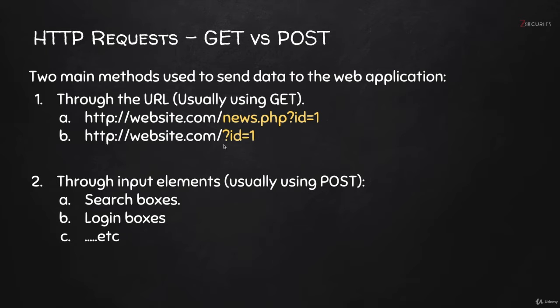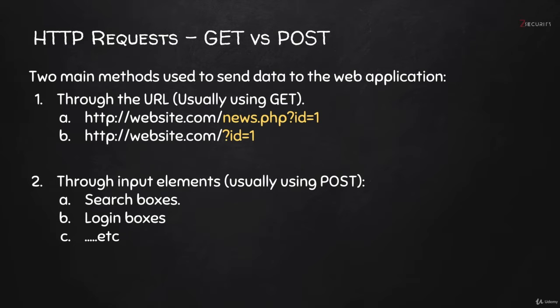Sometimes you actually don't see the file name and you only see the value, which is 1 in here. We don't really care about the file name. If we see the value, then we can manipulate this data, and instead of sending 1, we can send payloads to test for SQL injection, XSS, and other vulnerabilities.